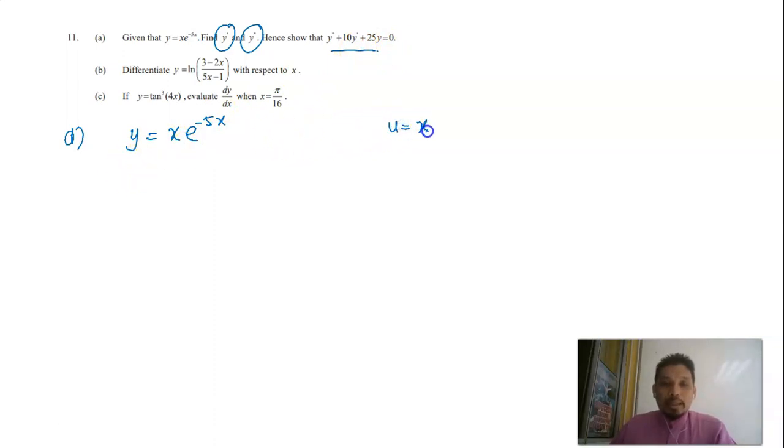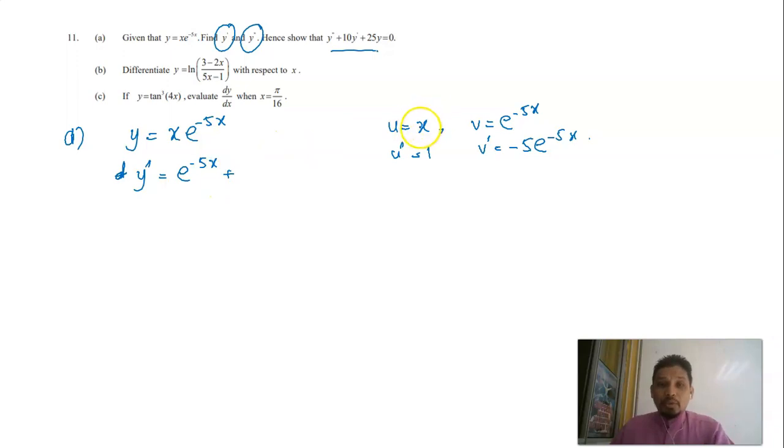Let u equal x and v equal e to the power of negative 5x. So u prime, differentiating x, equals 1, and v prime equals negative 5 e to the power of negative 5x. So y prime, or dy/dx, equals u prime multiplied with v, so 1 multiplied with e to the power of negative 5x, plus u v prime, where x is multiplied with negative 5 e to the power of negative 5x.